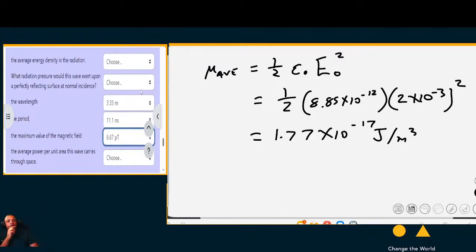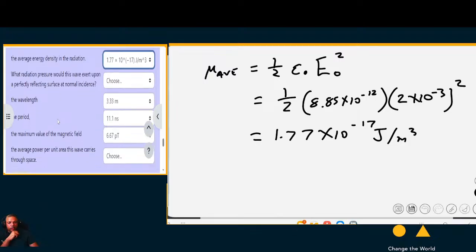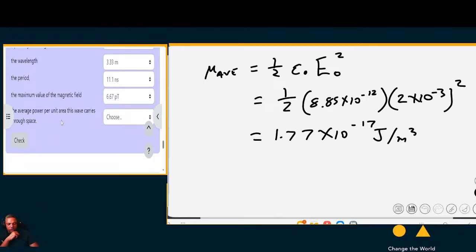Now let's check the energy density in the radiation. 1.77 times 10 to the negative 17 joules per cubic meter. There we have it. The next thing is the average power. The reason why I calculated average energy density first is because I need this value for the average power per unit area. The average power per unit area in this case is nothing but the intensity.